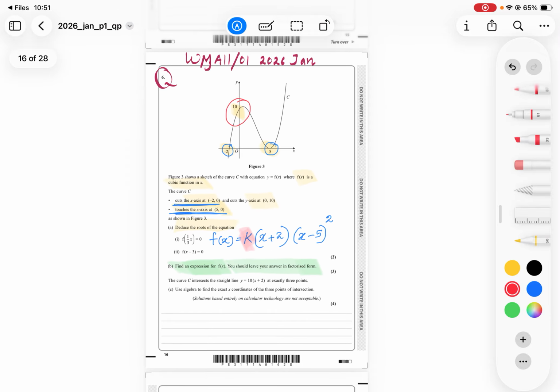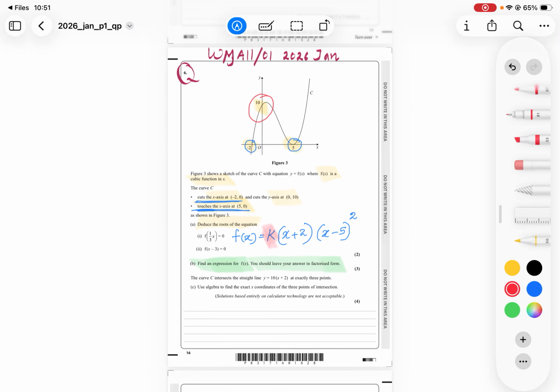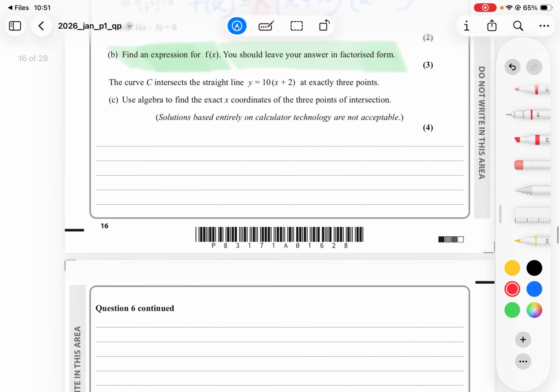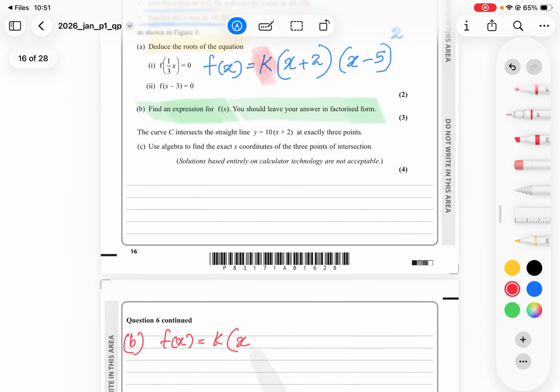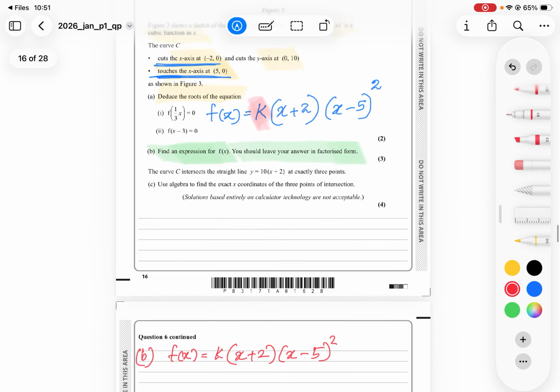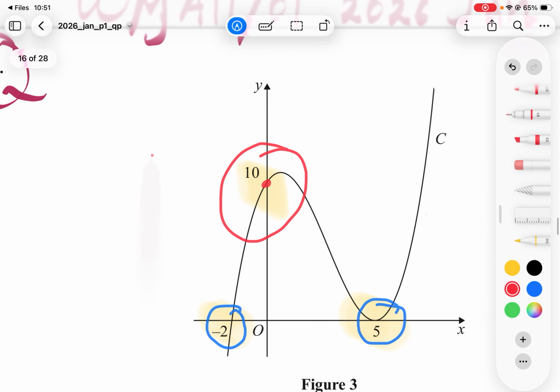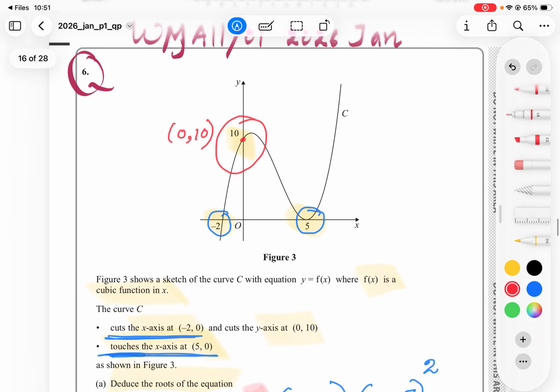Since the space is not sufficient, let me copy the equation here for part B. We have f(x) equals k times (x + 2) and (x - 5) whole thing squared. For that, we're going to take this coordinate, which would be (0, 10).